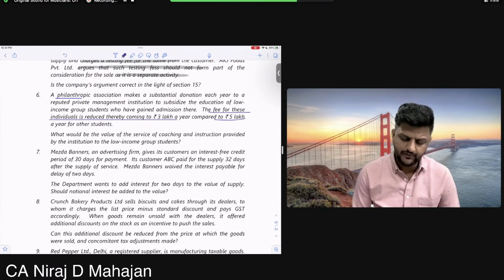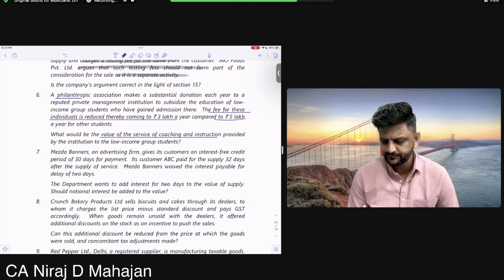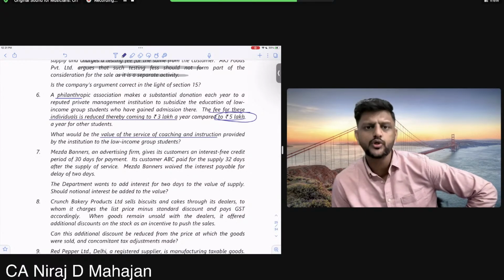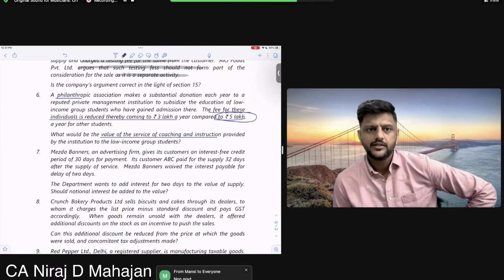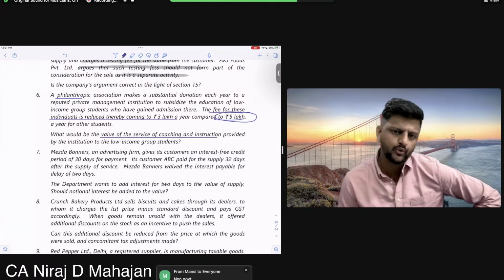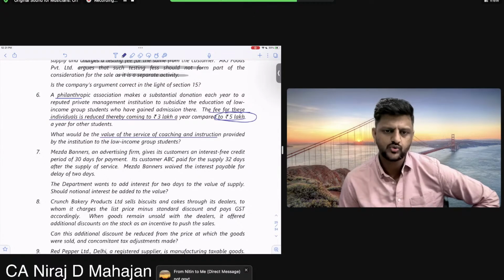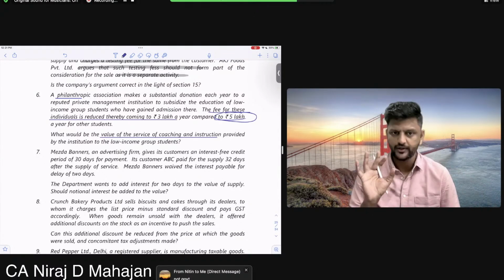What would be the value of service of coaching and institution provided by the institution? 5 lakhs only. Why? Here, children, discount is given per student wise. That's why per student the fees is coming down to 3 lakhs, but it is not given by government. That's why we don't reduce. Okay, till here?